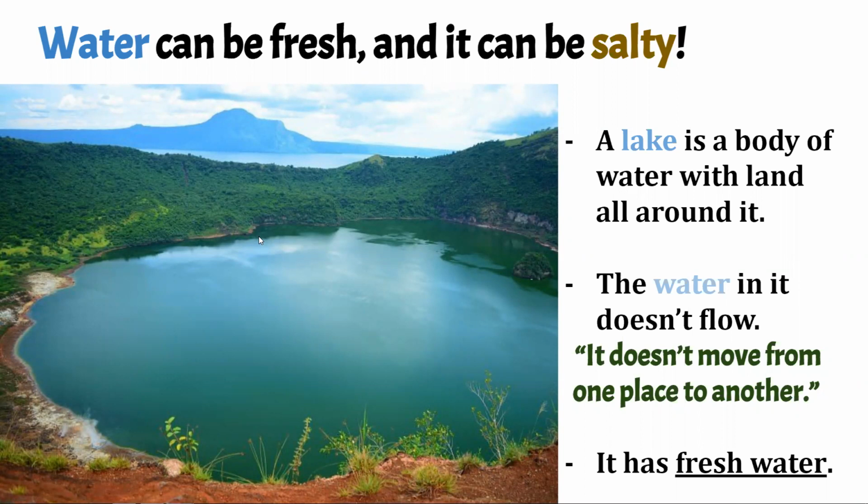And a lake has land all around it, so the water in it won't go anywhere. It stays inside this place. The water in it doesn't flow, and it doesn't move from one place to another. And also, we have to know that lakes have fresh water. It's not salty, okay?